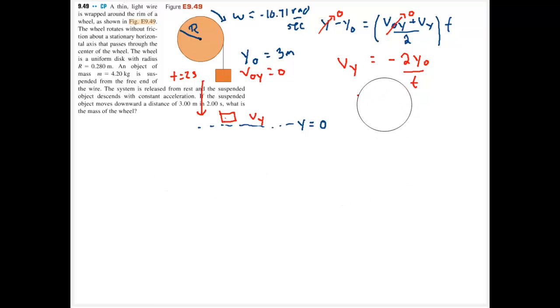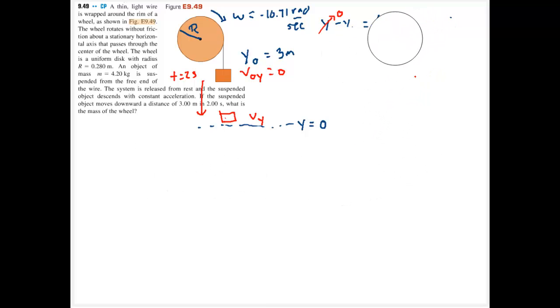and that way I can clear off some space and work the next part, in which I'm going to use the work energy theorem to solve for the rotational inertia of the block. I know that the work energy theorem says that an object's kinetic energy plus its potential energy plus any work done from other sources must be equal to the kinetic energy at point 2 plus the potential energy at point 2.